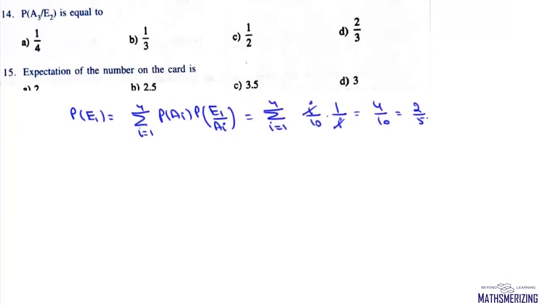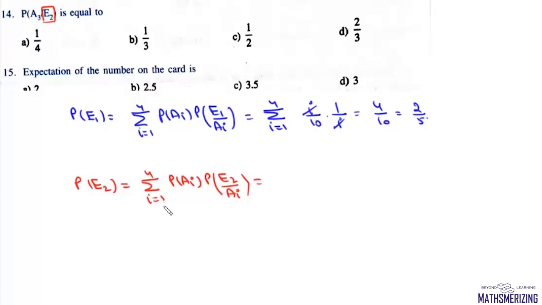Now the second part is, if the number chosen is 2, then find the probability that it has come from A3. Now the probability of choosing E2 will be the sum for i varying from 1 to 4 of the probability of choosing Ai into the probability of choosing E2 given Ai. Now in the first box, there is only one card and which is 1.